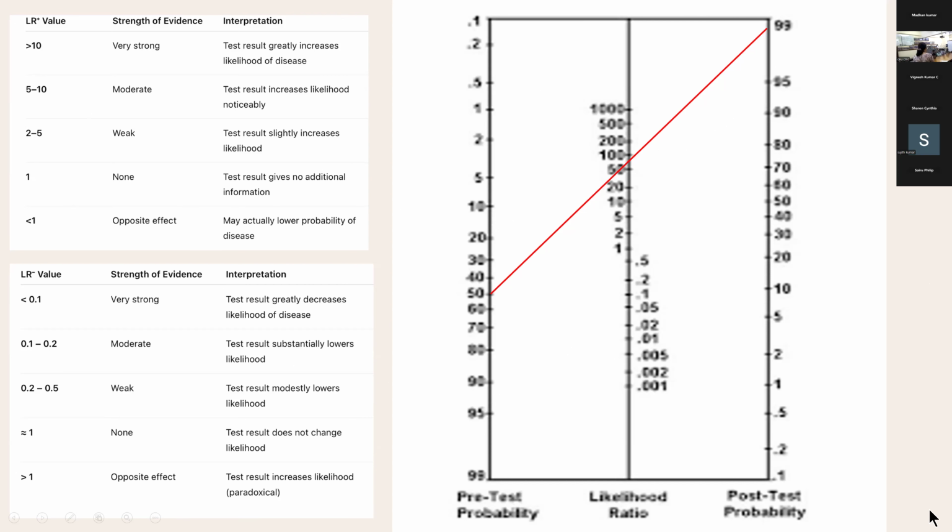Now, if in case 2, Xpert comes back negative, what happens? Your pretest probability stays the same, right? We thought only 50% probability. Then with a likelihood ratio of 0.4, so around 0.5, your post-test probability becomes 30. So from 50, it became 30. And the sensitivity of this test is only 60%. So can you say that this patient doesn't have TB in case 2?